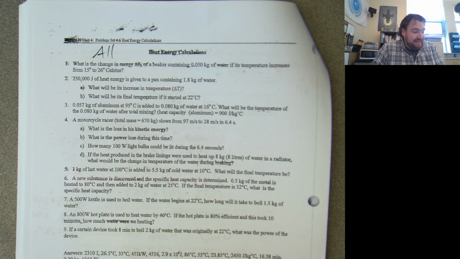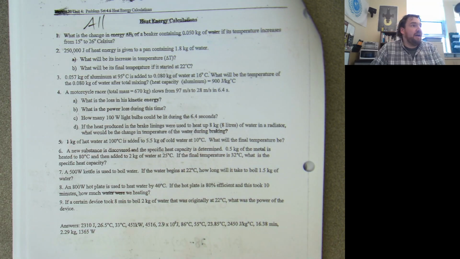Some of them are going to be heating things via mixture. Use the appropriate style of heating equation to determine whatever piece of information they're looking for. On your mark, get set, giver. You have about 22 minutes left in the block. Use this time. Let me know how I can help.